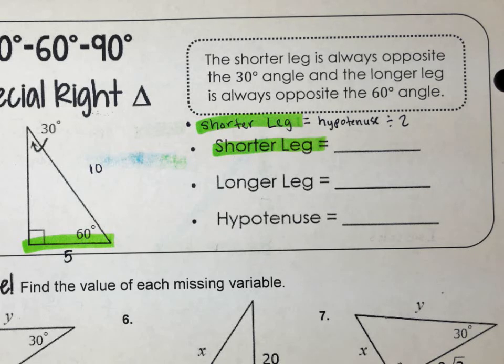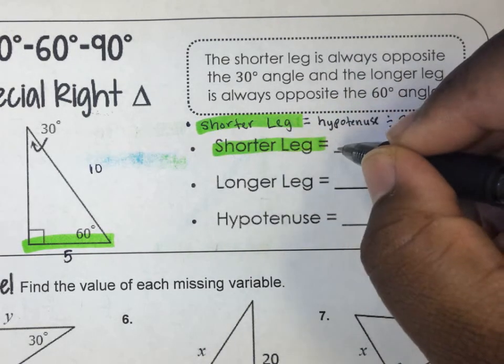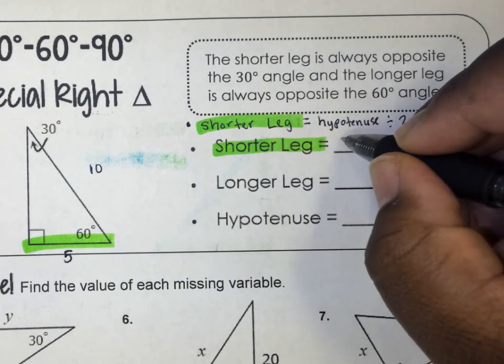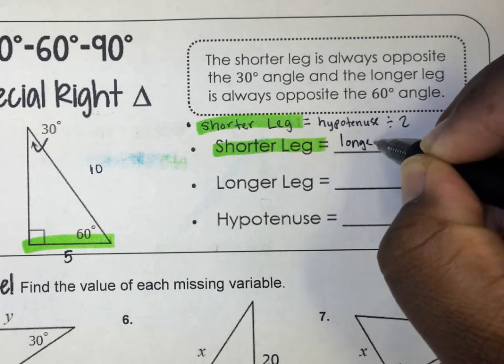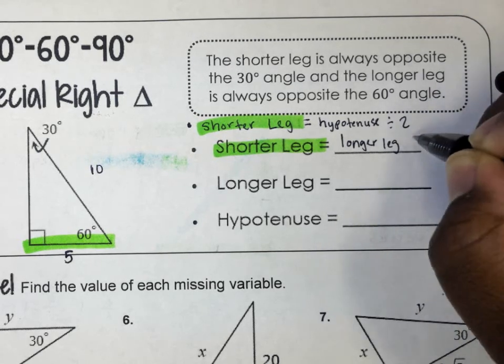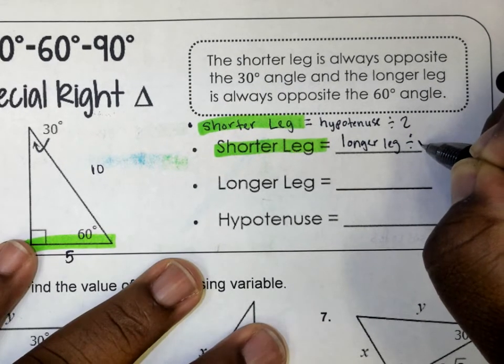Now, coming from the other direction, they could ask you for the shorter leg, and the only thing they give you is the longer leg. If that's the case, if I'm looking for the shorter leg and they give me the longer leg, I'm using this one: the longer leg divided by square root of 3.